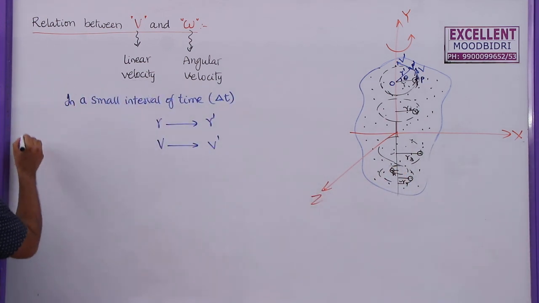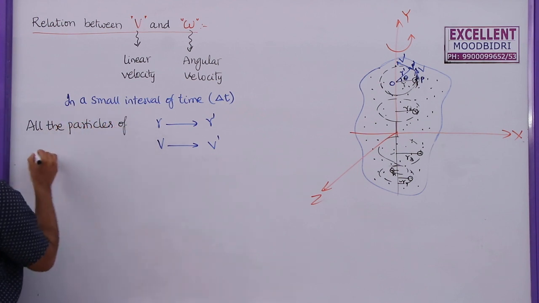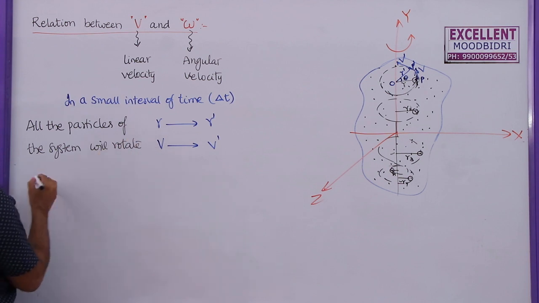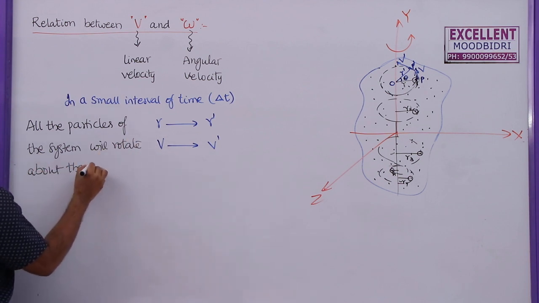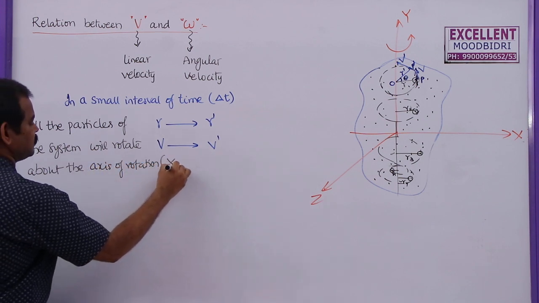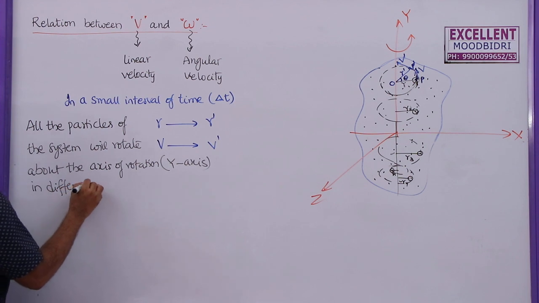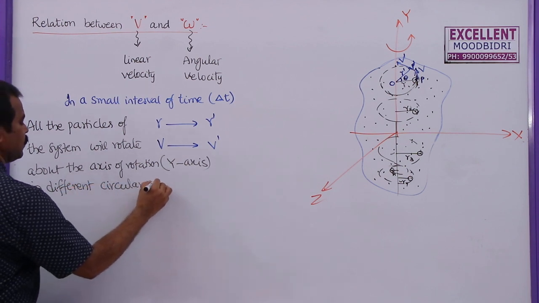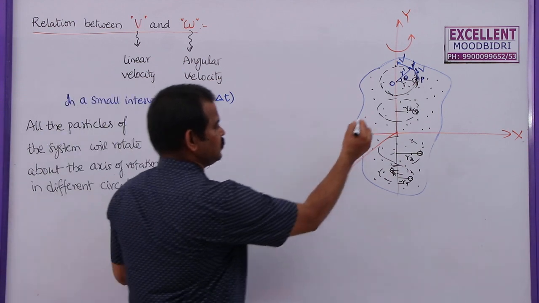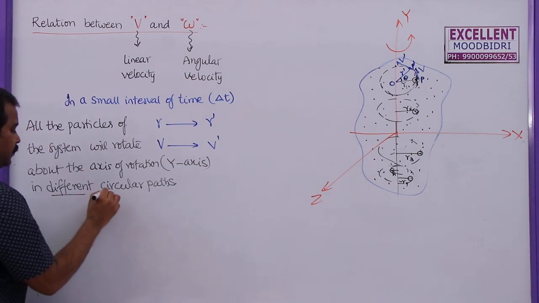What we can say, all the particles of the body or of the system will rotate about the axis of rotation, here in this problem the axis of rotation is y axis, in different circular paths with different radii vectors, because r is not equal to r2; this is r1, r2, r3, r4, r5. So, they are rotating in different circular paths.